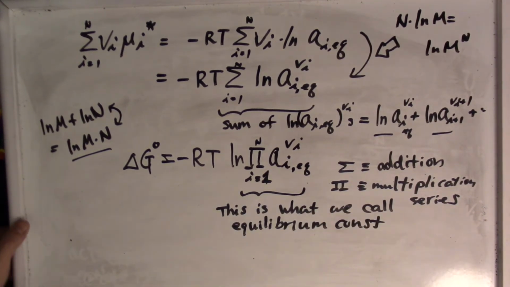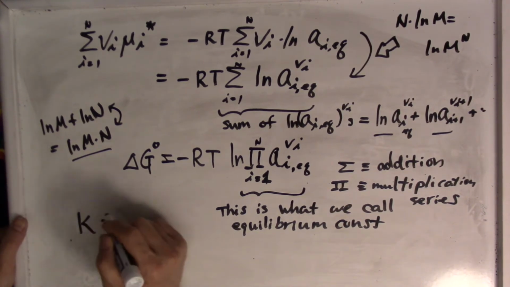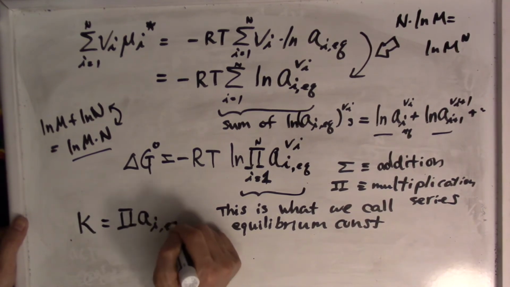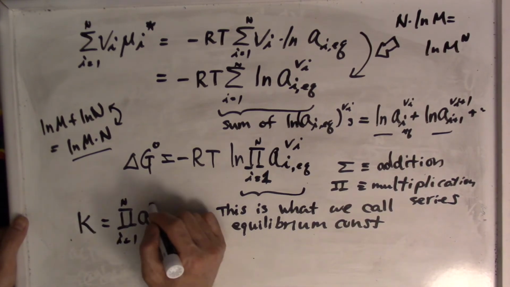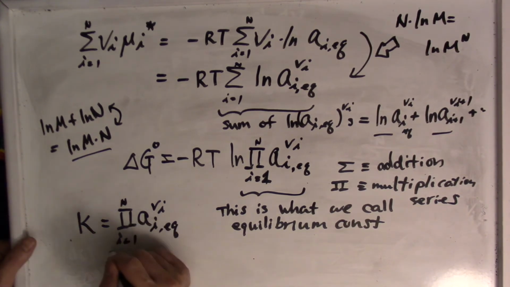K is equal to the pi of the activity of i at equilibrium to the nu_i, where i goes from 1 through n. We call this part K.